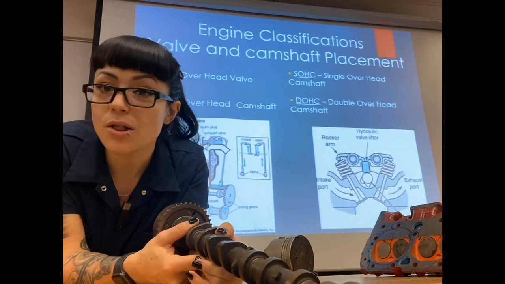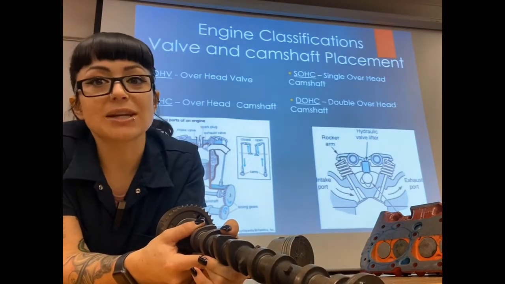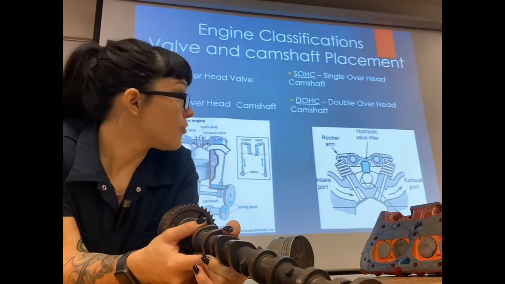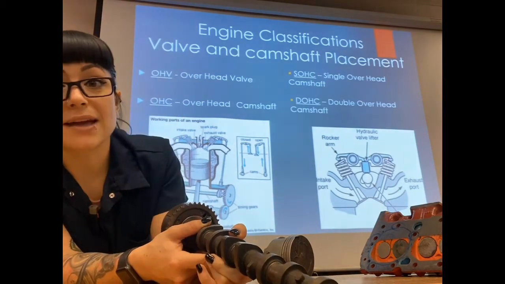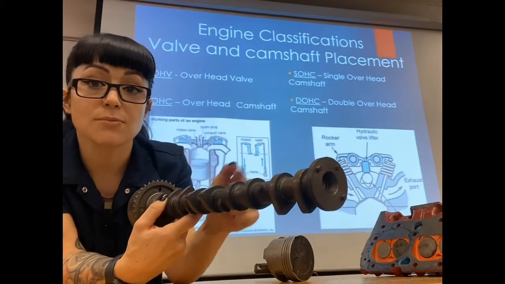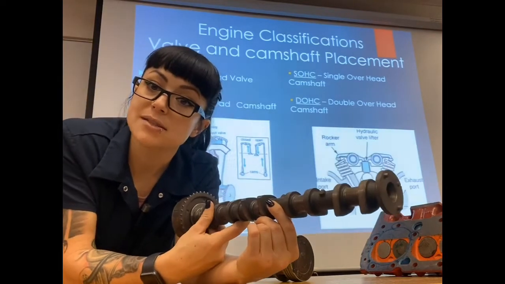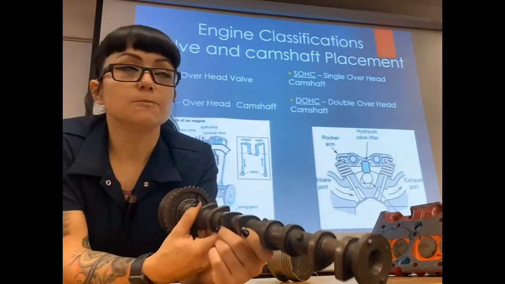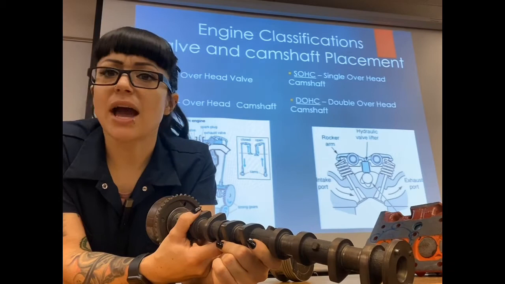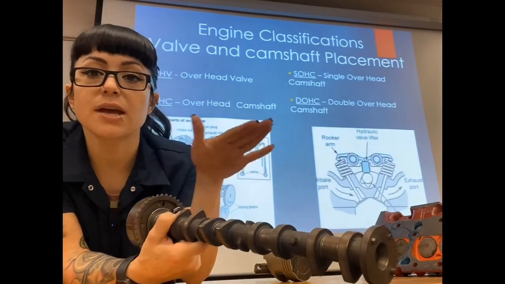So that's single overhead cam. Dual overhead cam would be exactly what you would imagine. It is a dual overhead cam or double overhead camshaft design, meaning in each cylinder head I've got two camshafts. I'll have one for my intake valves and I'll have another for my exhaust valves. So on an inline engine, I have one cylinder head, which means I have two camshafts, one for intake, one for exhaust.